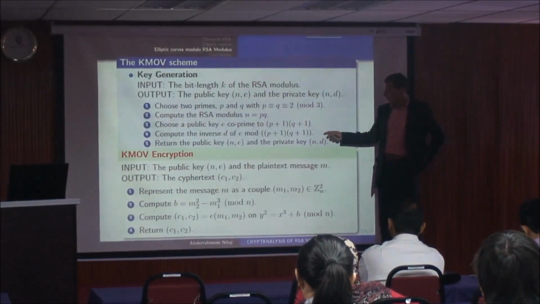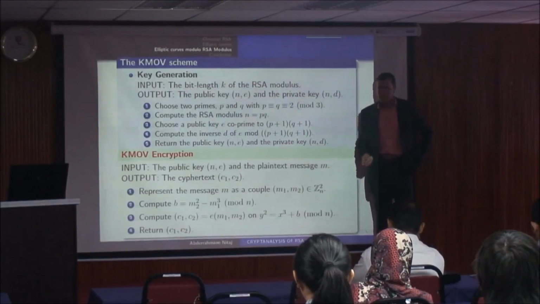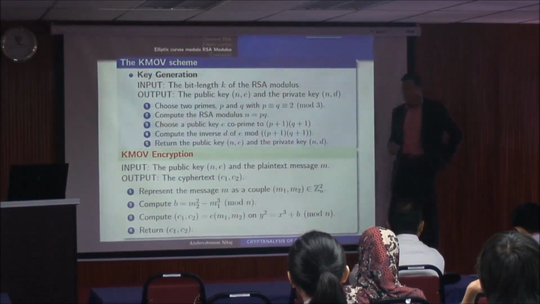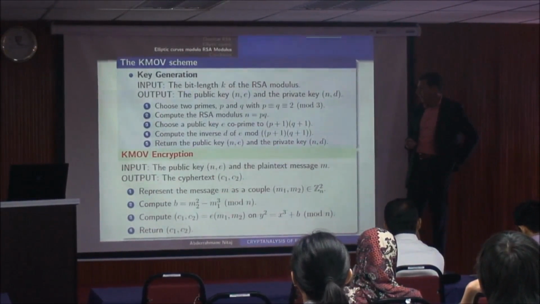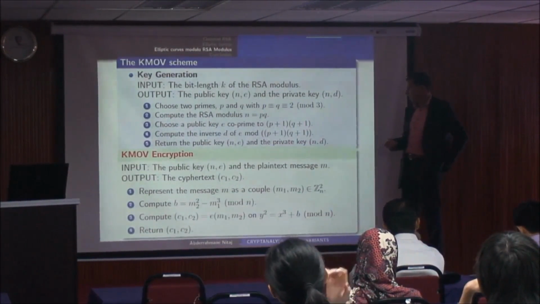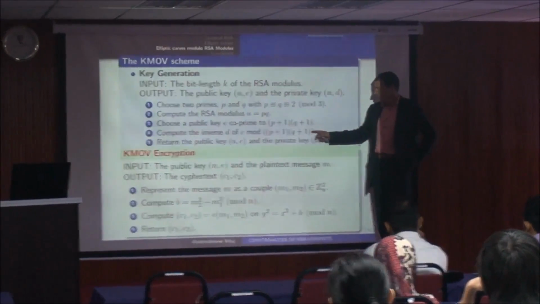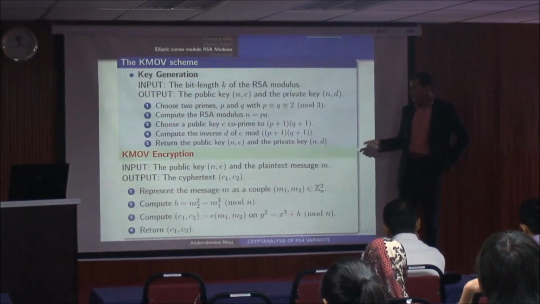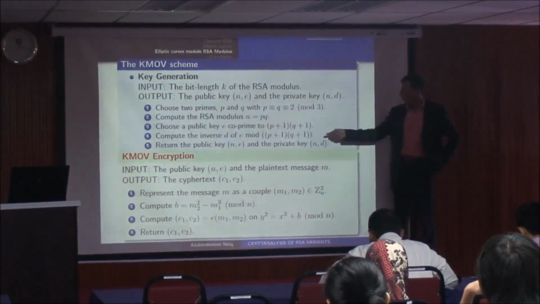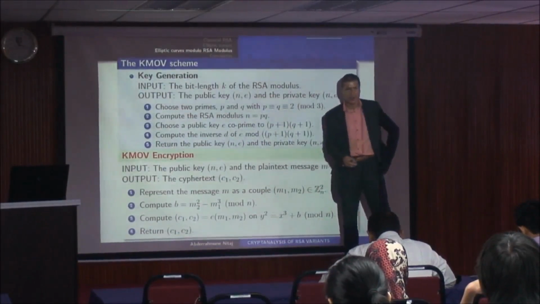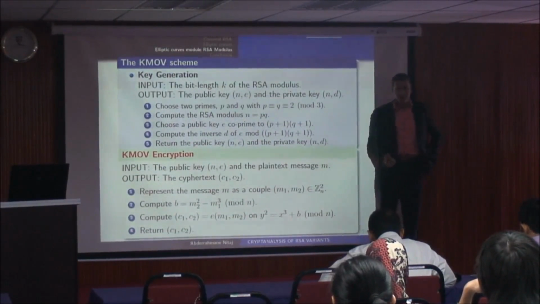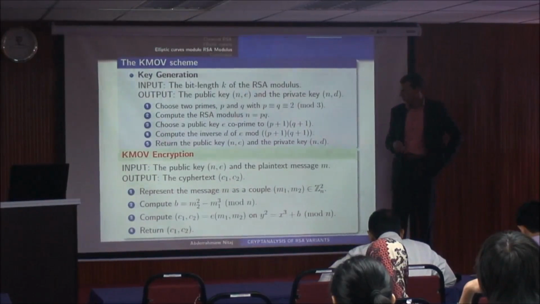And also we can compute the inverse T of E modulo this product, and this is similar to Euler's totient function. And we can compute the value of T by applying the same methods as RSA, and the public key will be n and E as in RSA, and the private key will be n and T, also similar to this equation in RSA.